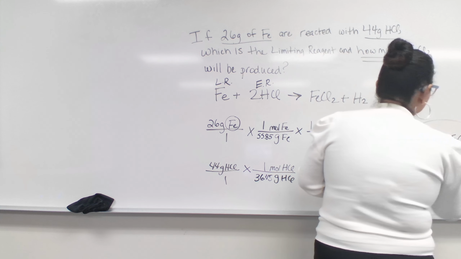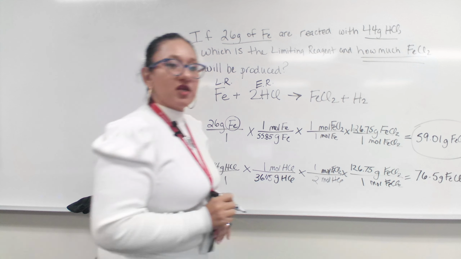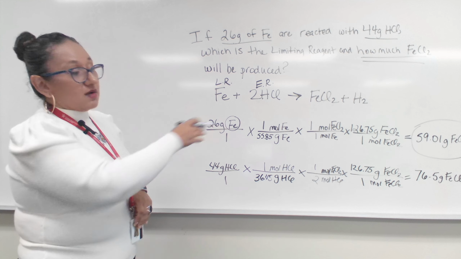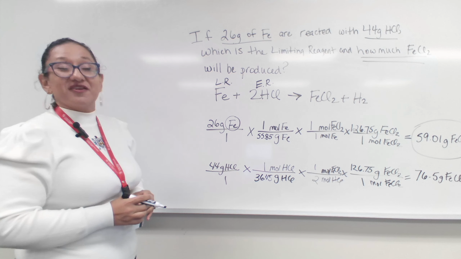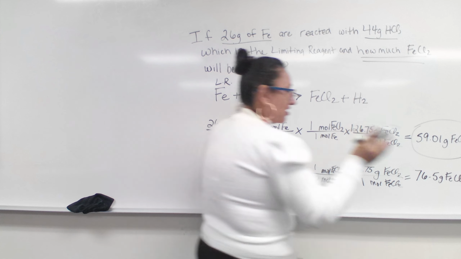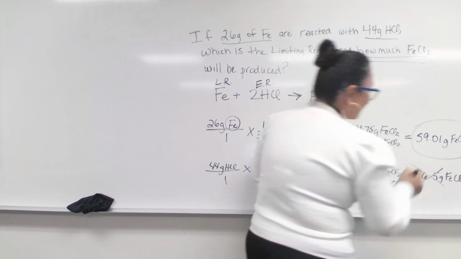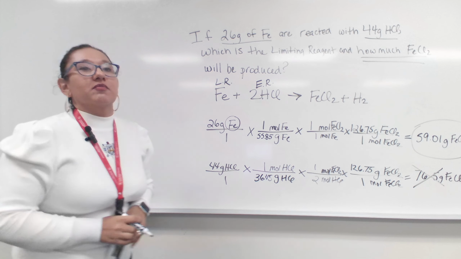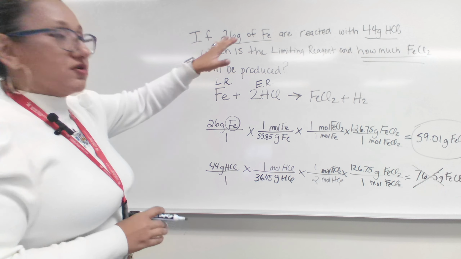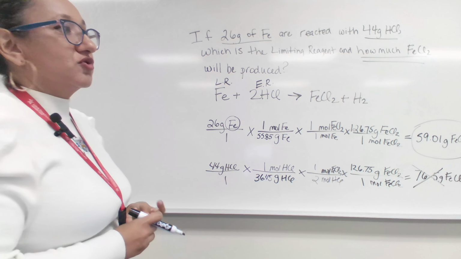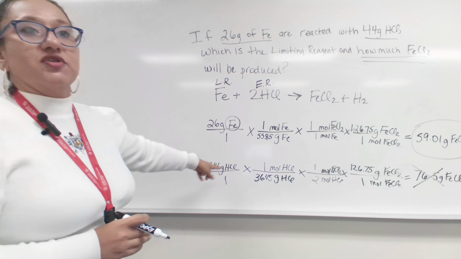The smaller one of the two. 59.01. And that number 76.5 means what? Nothing. You're never, ever going to use that number. In this scenario, that number means nothing. You just simply don't have enough iron to make that number work.